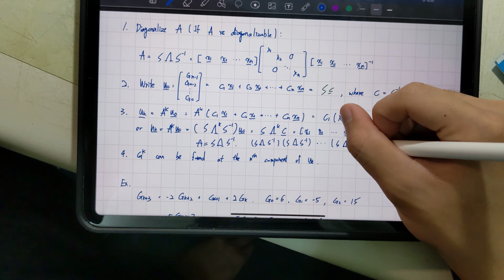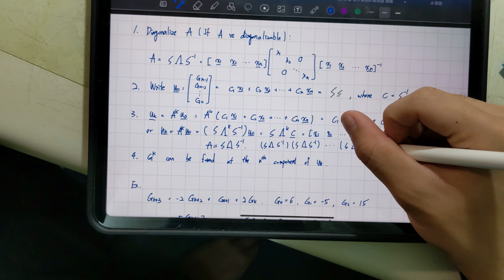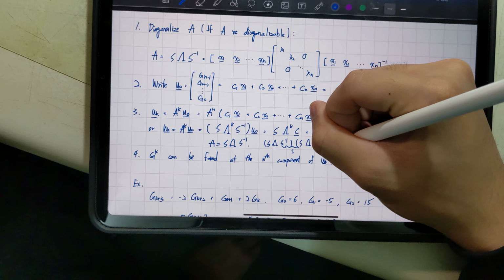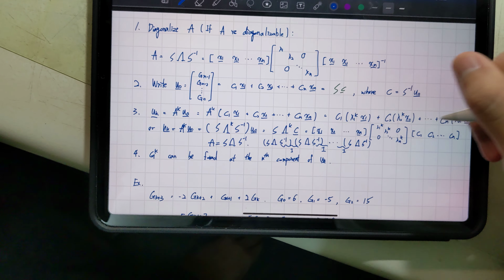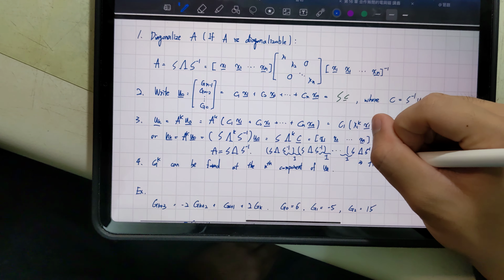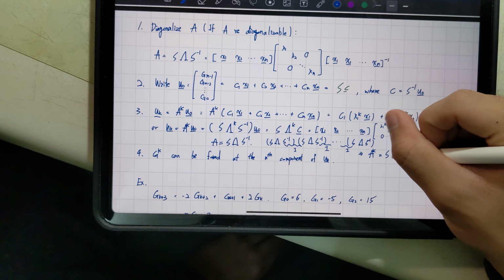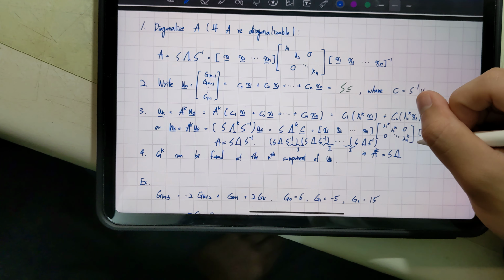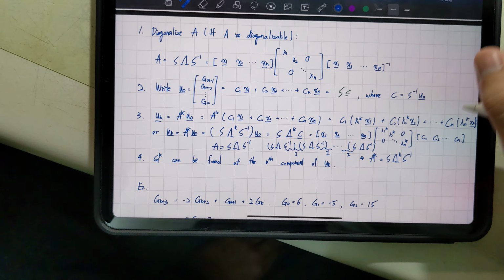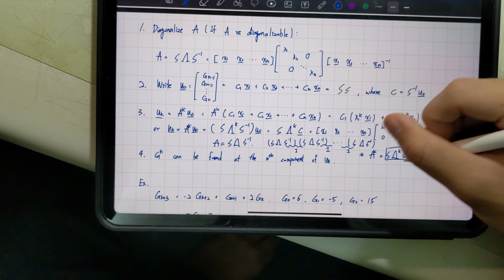Each S inverse times S becomes I. So the final result of A^k is S times lambda to the power k times S inverse.